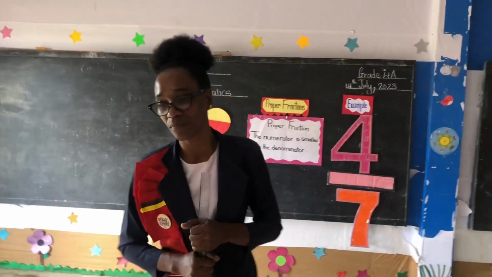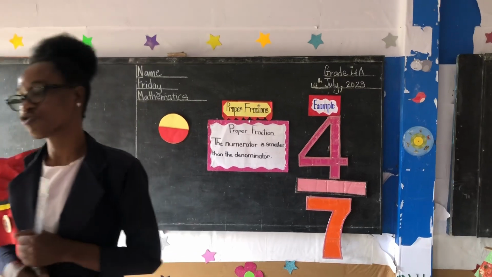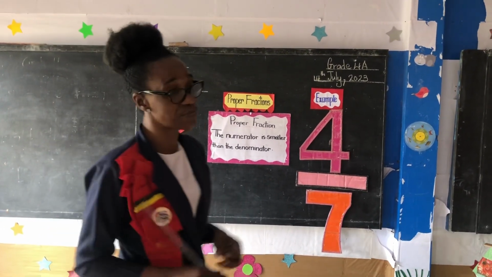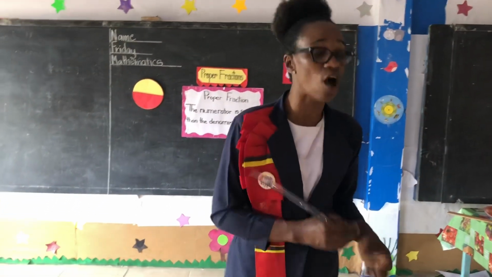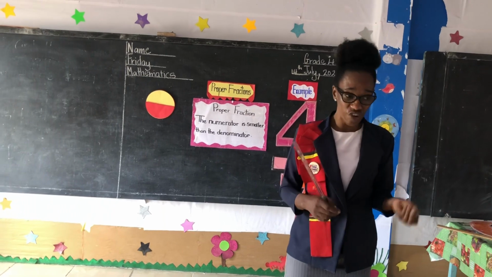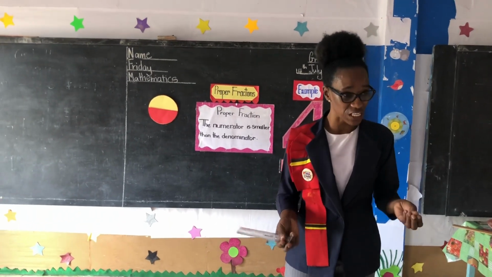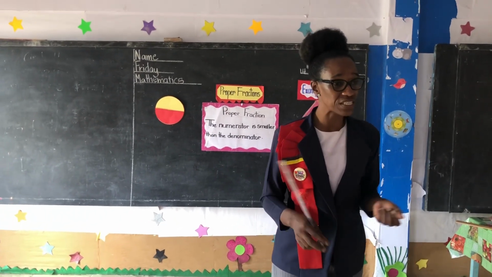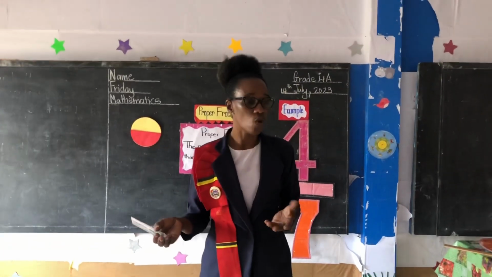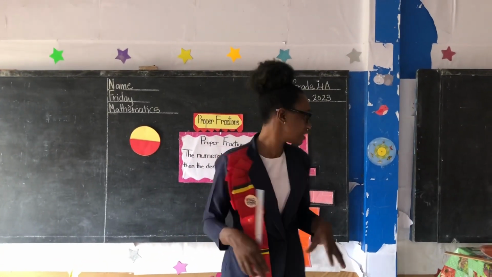Group A. Yes. 3 over 6. Thank you. Now, you all seem to have a very good understanding of what a proper fraction is. So now, we can go straight into our activity, okay? Any questions? Anybody not clear on anything? Okay, let's go into our activity.